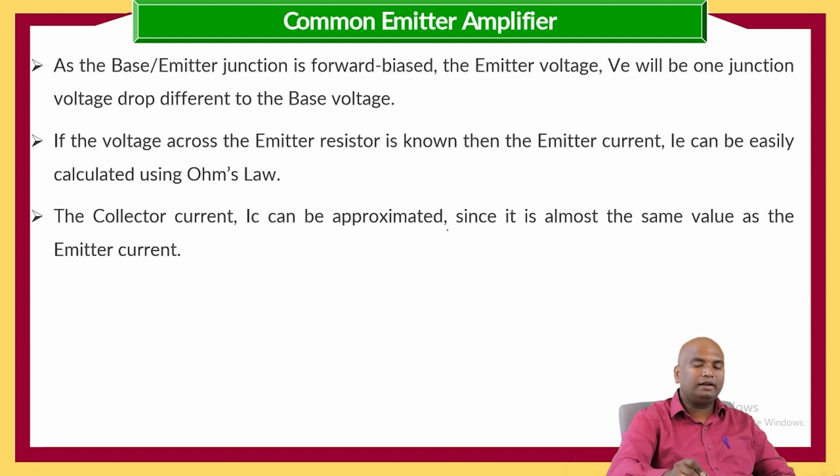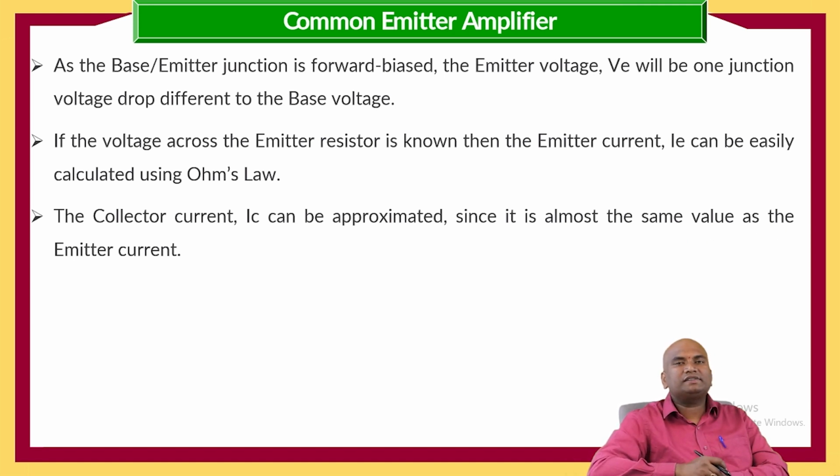Now the collector current can be approximated, since it is almost the same value as the emitter current. Because the base current is very small, we can consider the collector current and emitter current to be nearly the same.